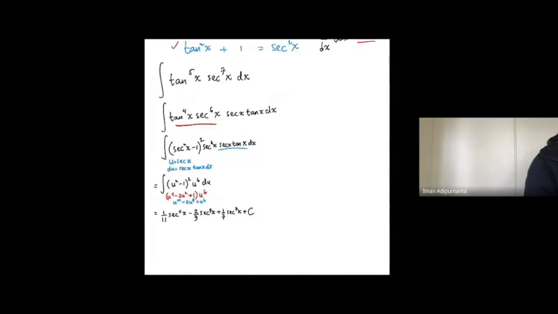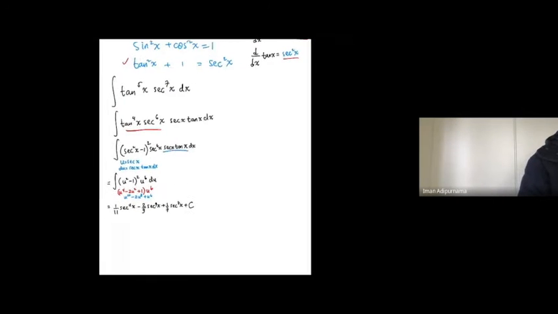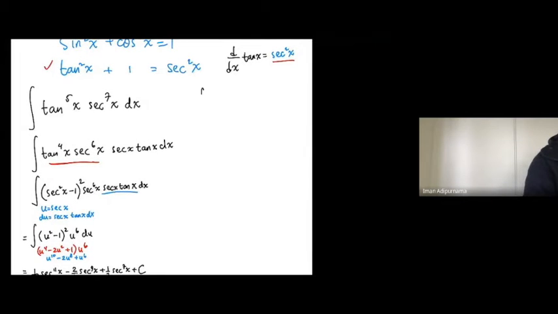Another possible question is if you have all even. So for example, tangent 6, secant 4. Now, the idea behind the secant and tangent, the left side is odd, 5, 7.